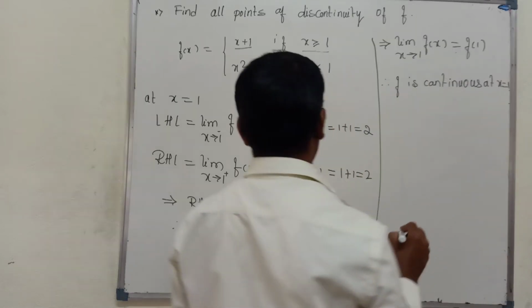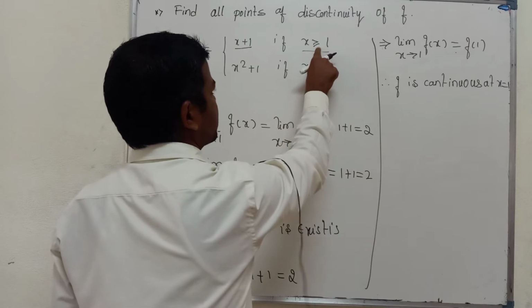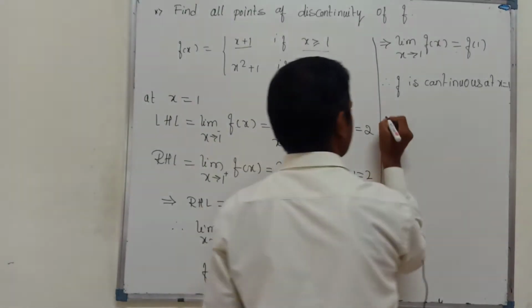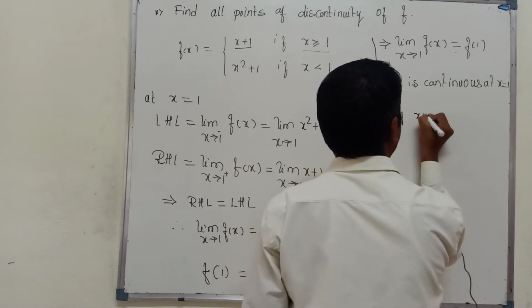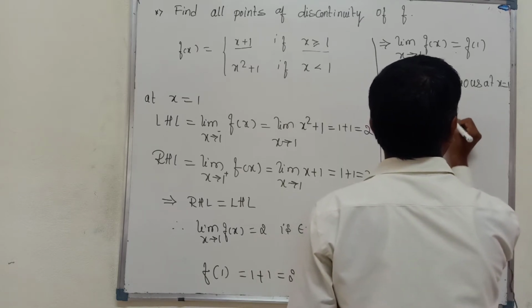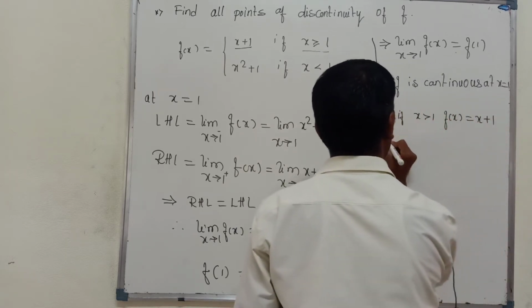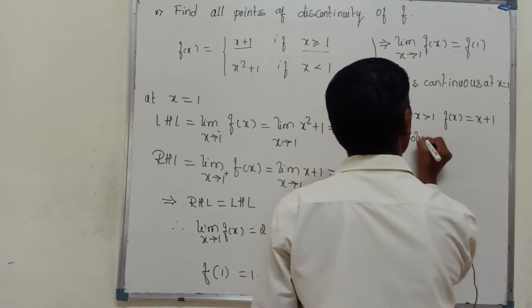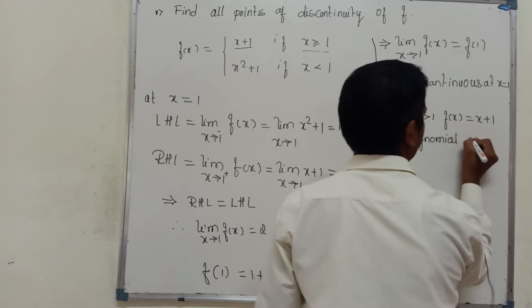So it is continuous at x equal to 1. Next, for x greater than 1, f of x is equal to x plus 1, which is a polynomial function.